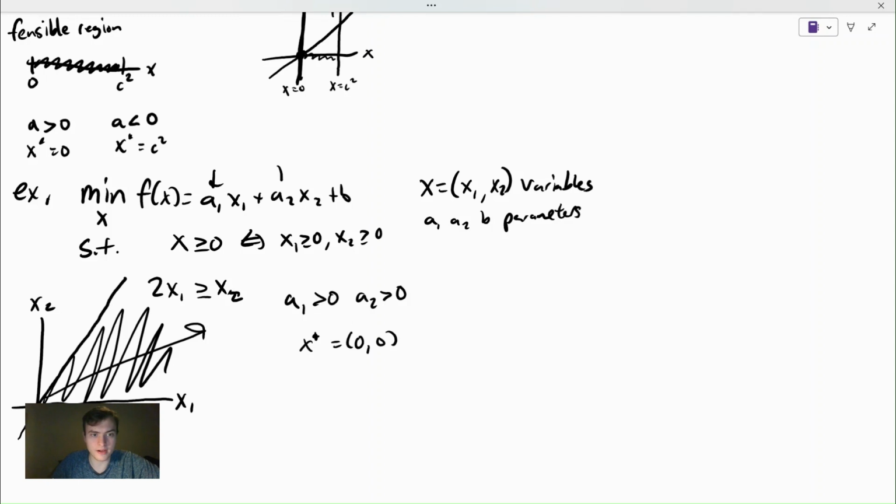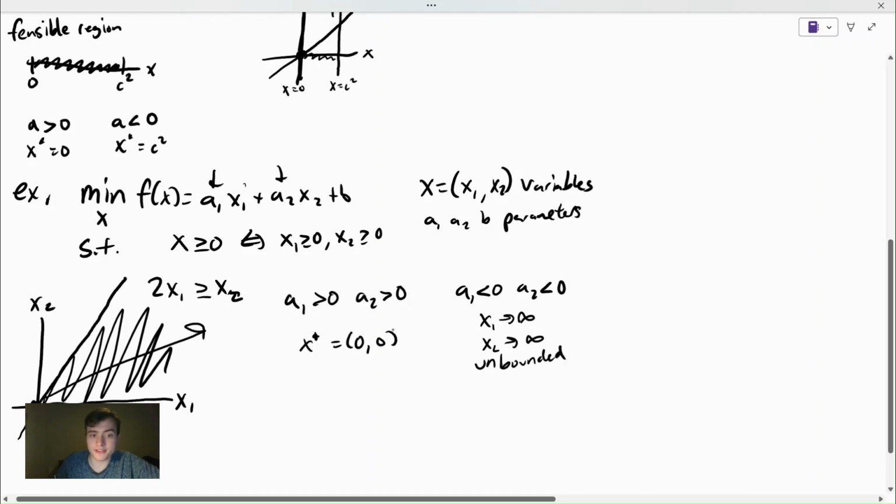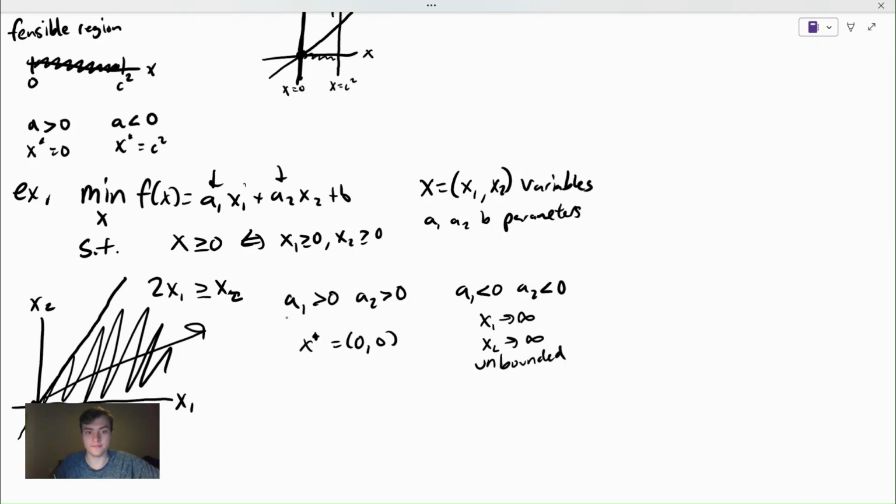When we have 2 positive coefficients, they're going to be minimized at 0. But if we had them both negative, right, then we would be incentivized to make x1 as large as possible and x2 as large as possible. It would be unbounded. So our feasible region is unbounded, but sometimes we still have a single optimal solution.